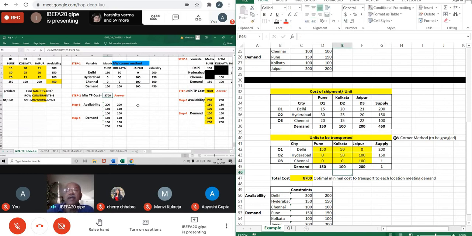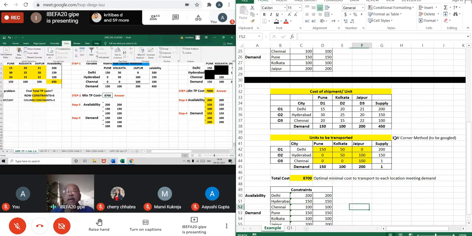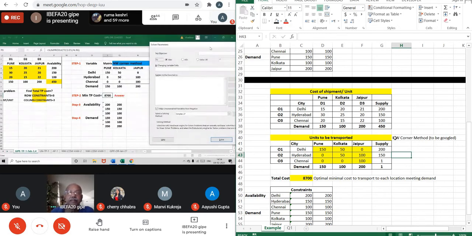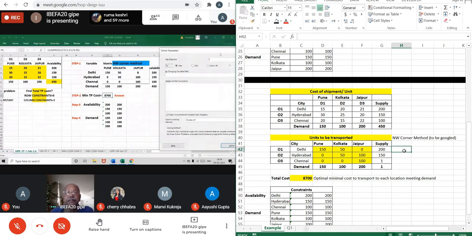So verify it by solver. Again you have to go to solver, reset every time to avoid the error. Objective function will be the initial value, and it should be minimum.